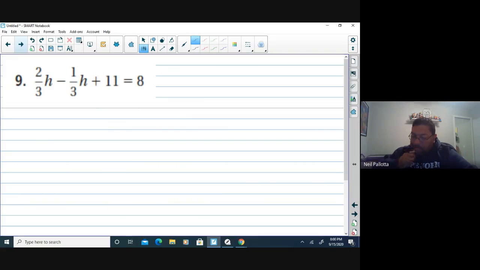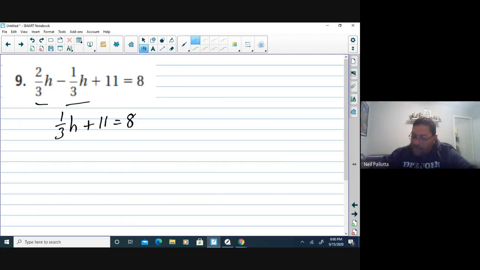Question 9. Here, once again, we want to recognize our like terms. Like terms are terms with the same variable, so we want to put them together first. Well, what's 2/3 take away 1/3? That's going to be 1/3 h plus 11. That's going to be equal to 8. So that's what your first step should look like.